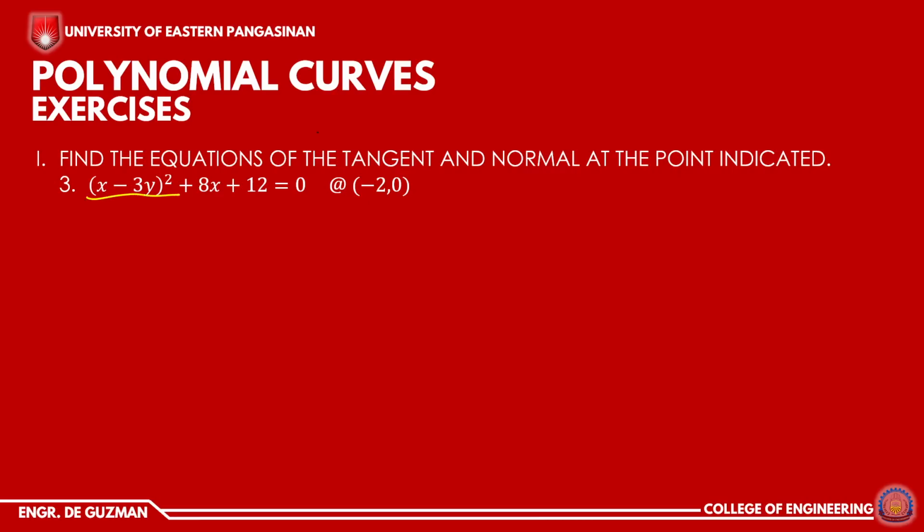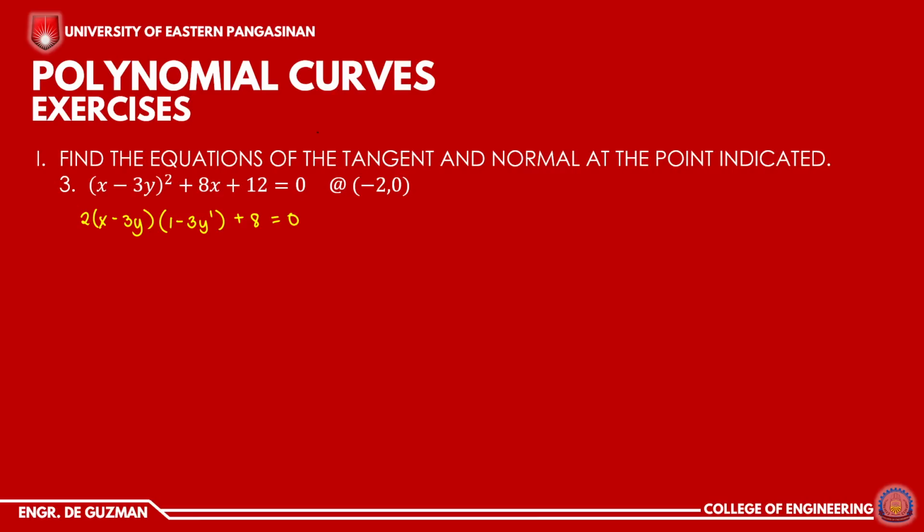So, we will solve this as yung last na lesson natin, chain rule. So, 2x minus 3y, and the derivative of loob. So, yung loob, 1 minus 3y prime plus 8 equals 0.